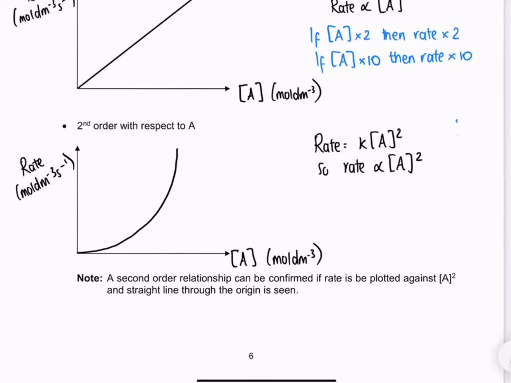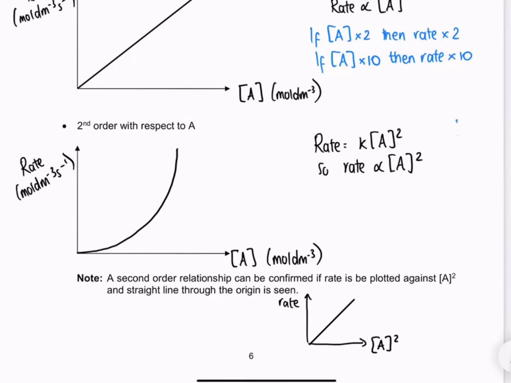If we wanted to confirm it was this, and that might be useful if you know what a y equals x cubed graph looks like, it looks very similar in the positive half to this, so we might want to confirm that it's a second order graph. We could plot on the bottom, instead of just concentration, concentration squared against rate, and if it is second order, we'd now get a straight line because rate is proportional to [A]^2 if it was second order.